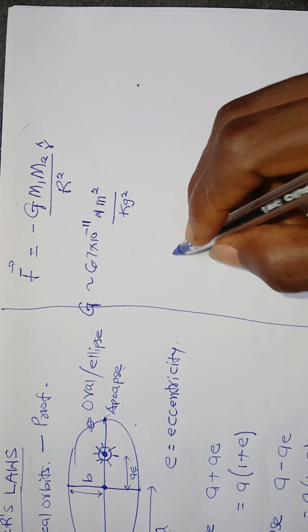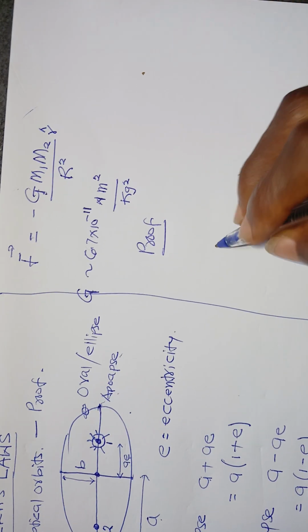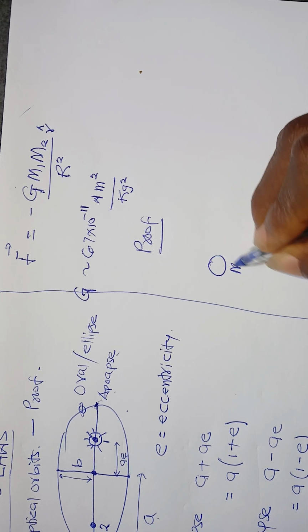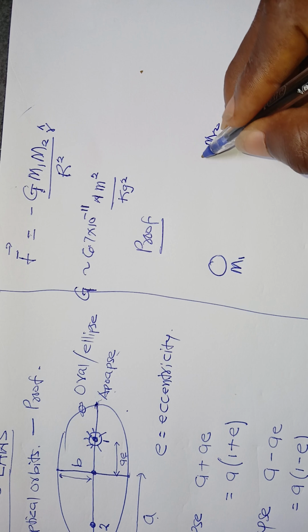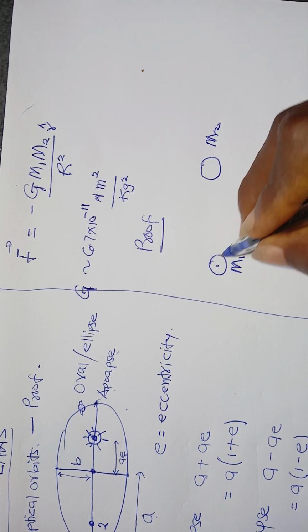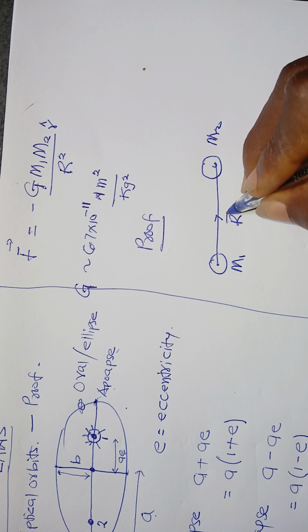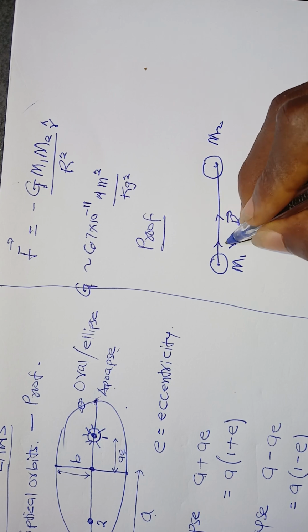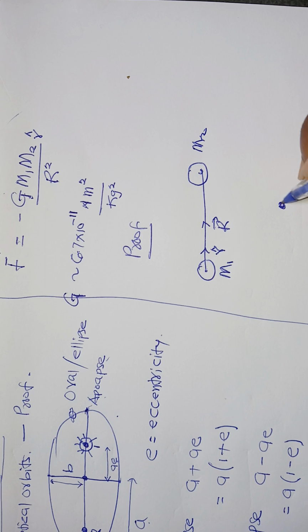To prove that, let's pick two masses. Let's call this M1, then call this M2. Separated by a position vector r, and with a unit vector pointing in that same direction. Then let's pick an arbitrary origin.